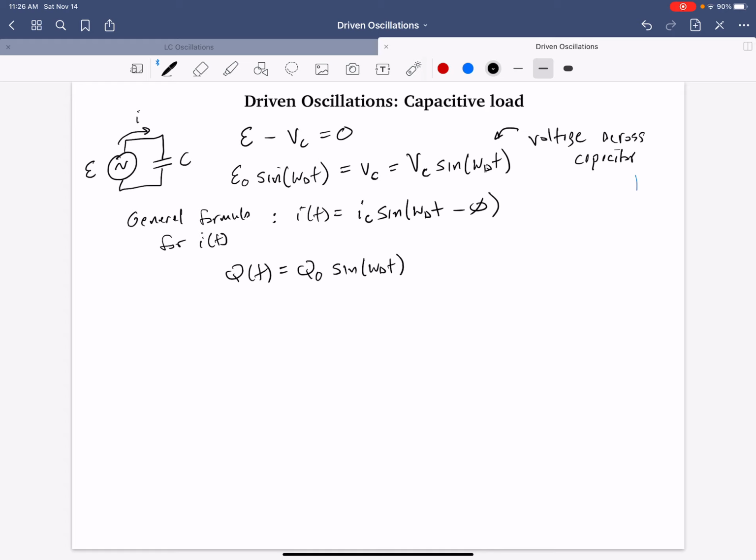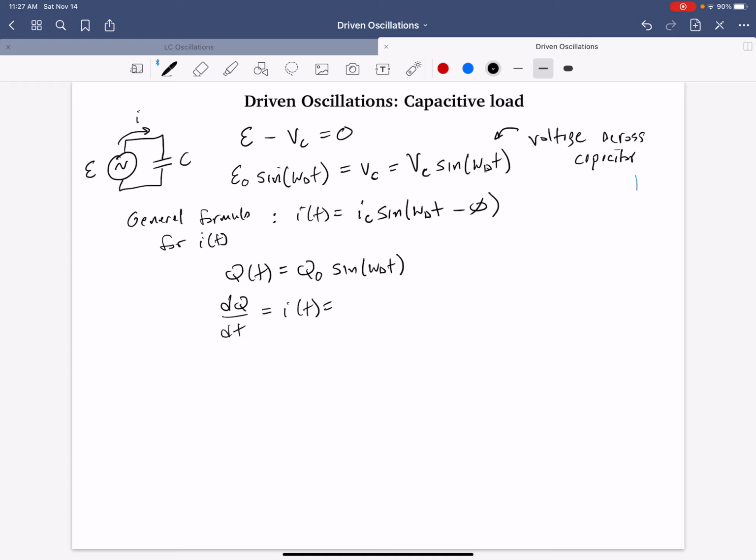Whatever the voltage in a given time will create a certain amount of charge at that time. So that's another reason I start with Q instead of straight to I. But they're intimately related. We can just take the derivative. So dq dt is simply I.